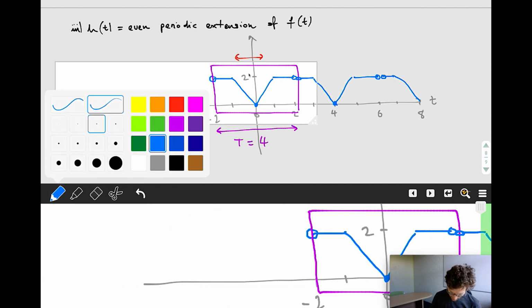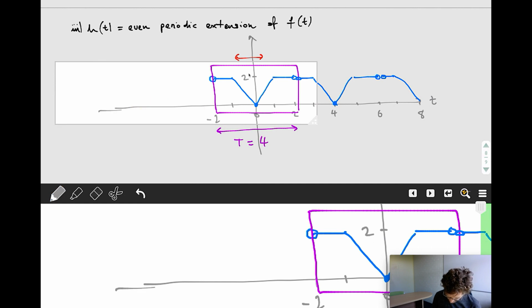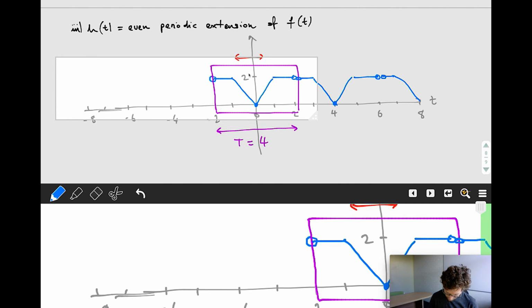Likewise, we're going to do the same on the other side. And I'm going to pick that tile up and I'm going to drop it down. Pick it up, drop it down.